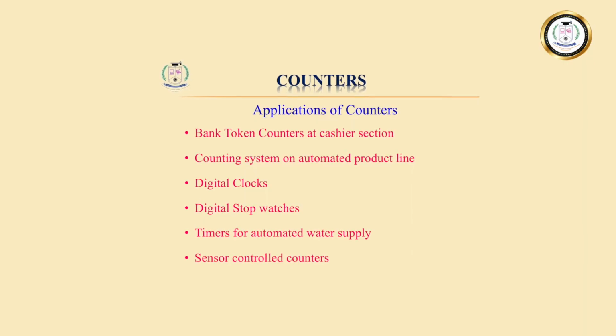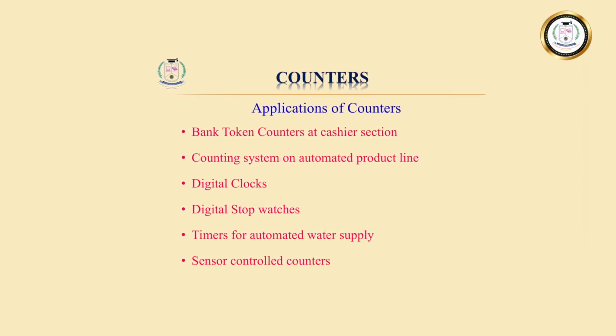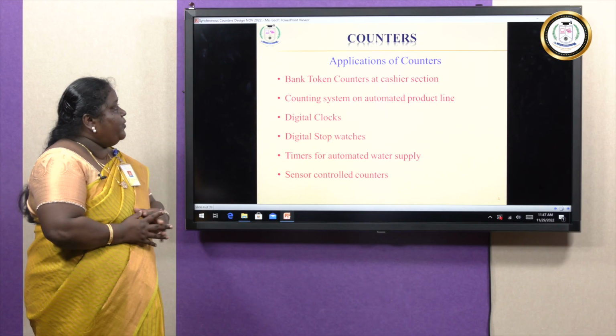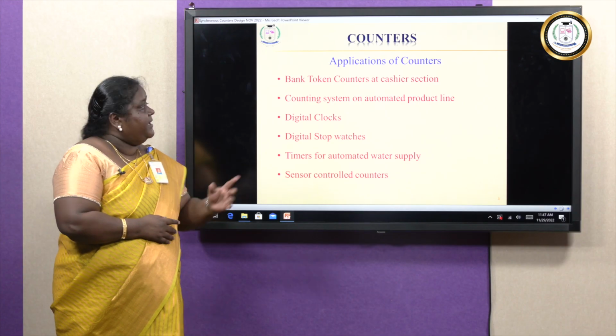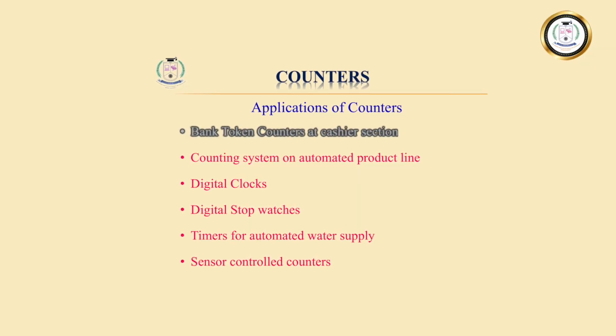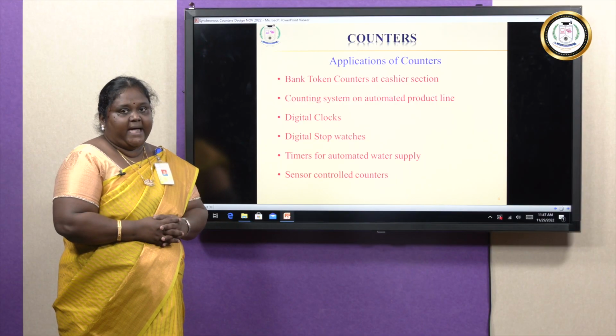Now let us understand the various applications of counters in real-life scenarios. For example, we would have seen counters in bank tokens. When we go to the bank, we come across bank tokens.